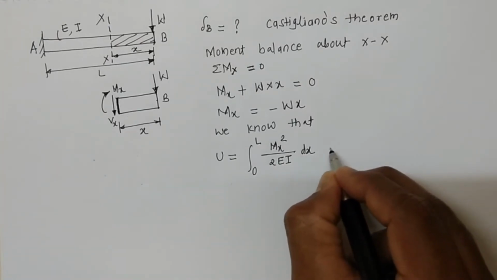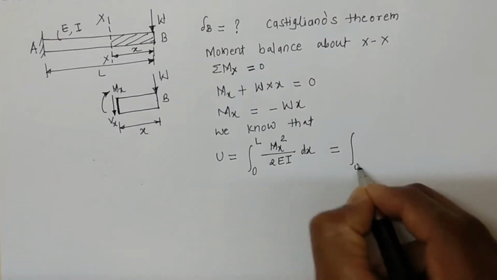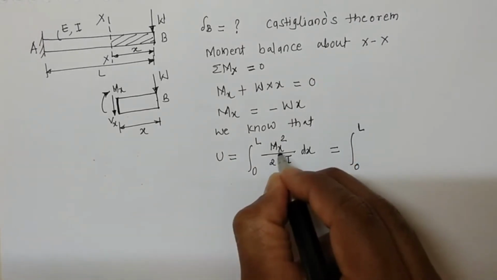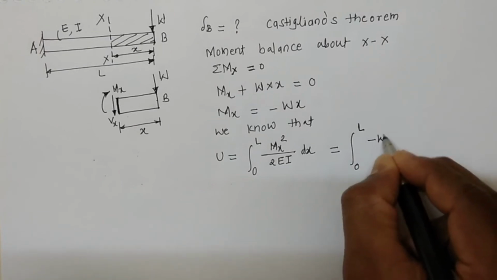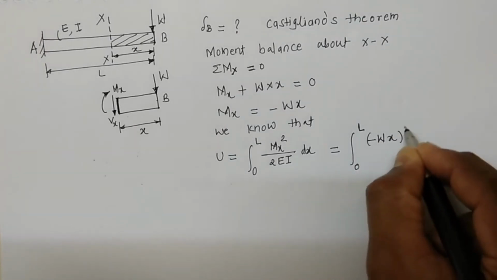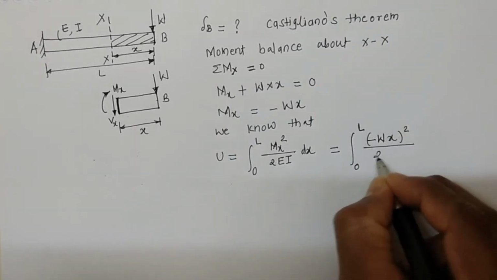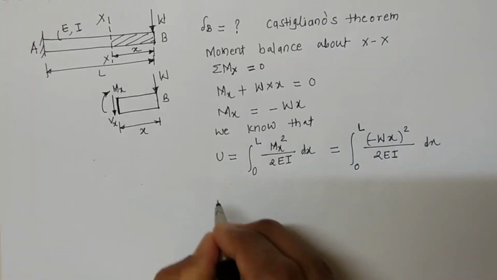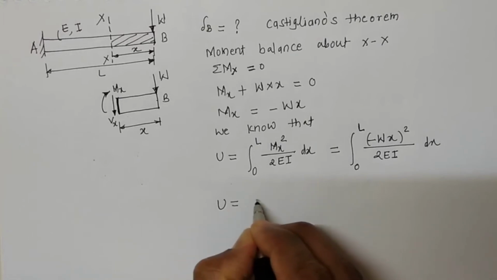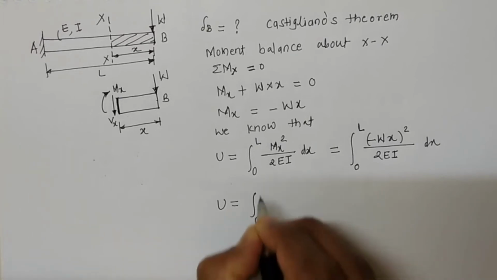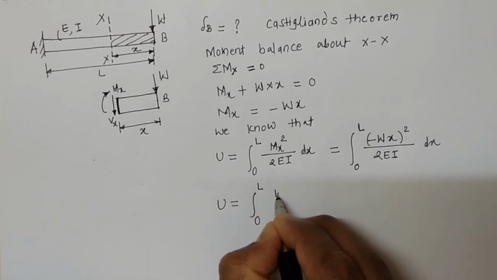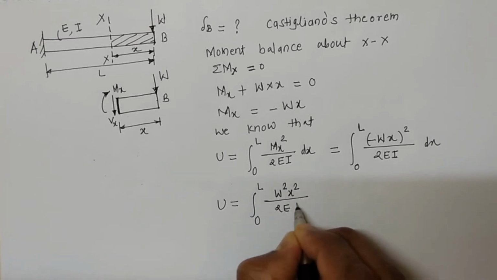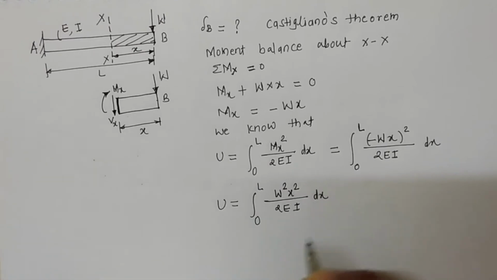So replacing Mx, integral 0 to L, and the value of Mx is minus W into X, whole square divided by 2 times EI dx. So U equal to integration from 0 to L W square X square by 2EI into dx.